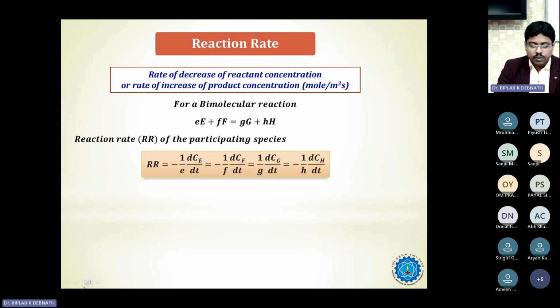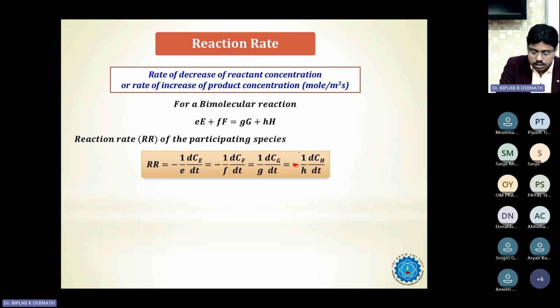So the reaction rate of the participating species, RR, is given as minus 1 by e dCE by dt, is equal to minus 1 by f dCF by dt, is equal to 1 by g dCG by dt, is equal to 1 by h dCH by dt.